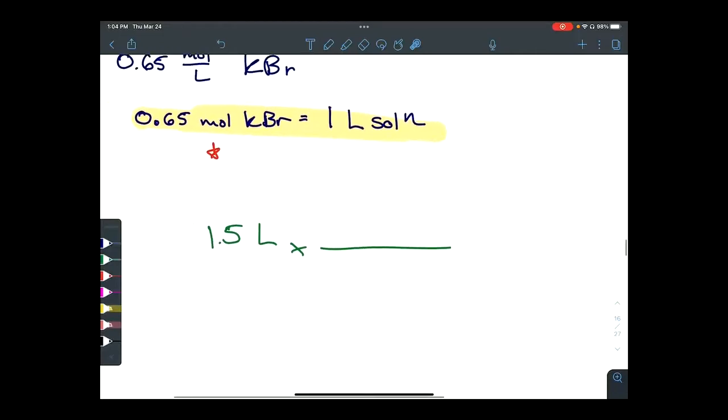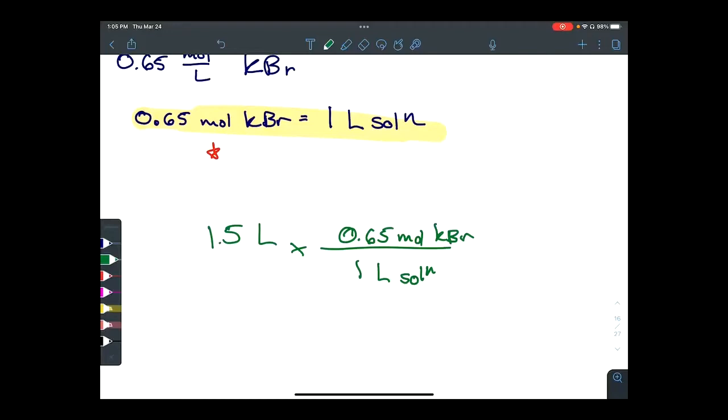We put the moles on top. Very good. The 0.65 goes on top because we want the liters of solution on the bottom. I really hope this looks super familiar. As long as you have a very strong understanding of how to manipulate units, you see that all these questions are basically the same.